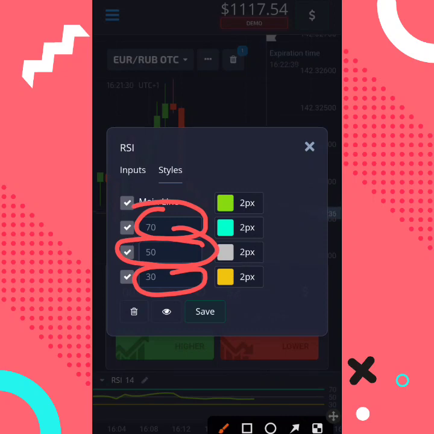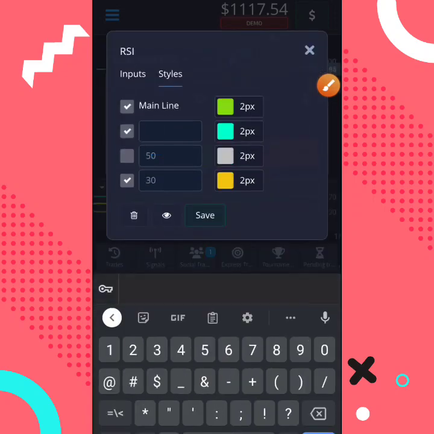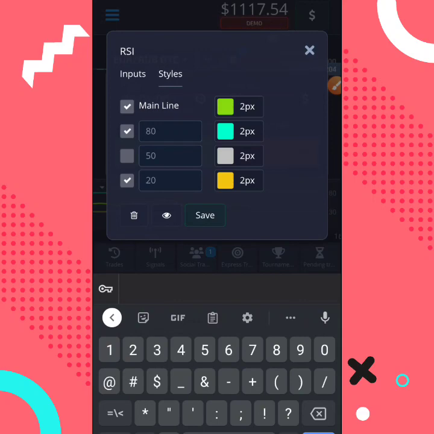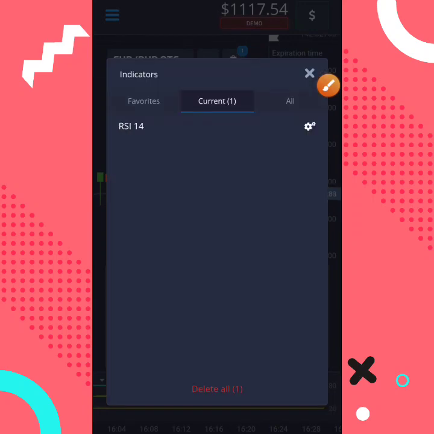So if you want to use it, you can, if you know how to use it well. For me, I don't use it. So now then you can save the setting.